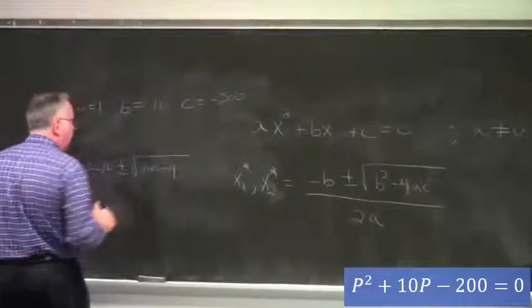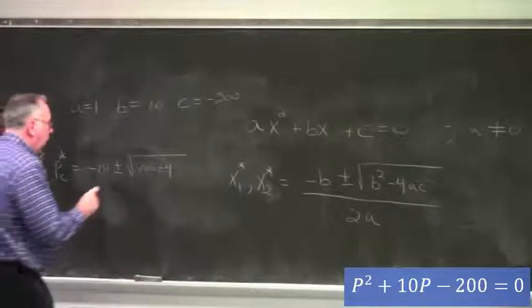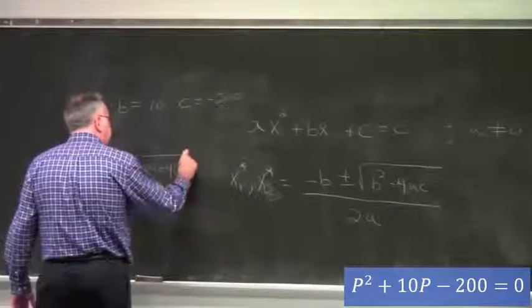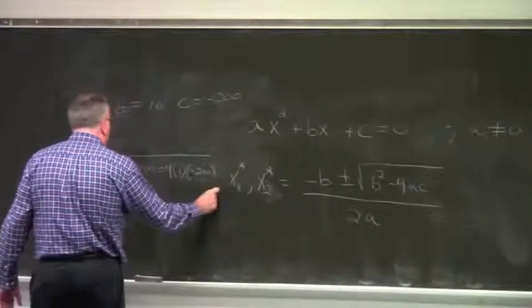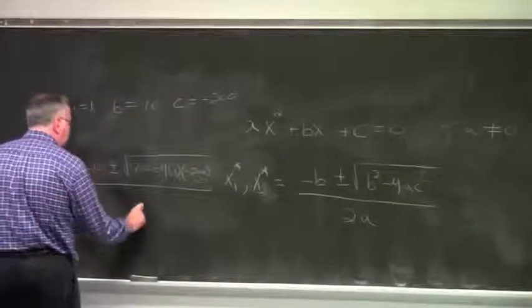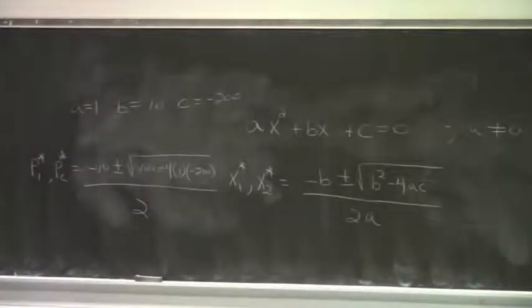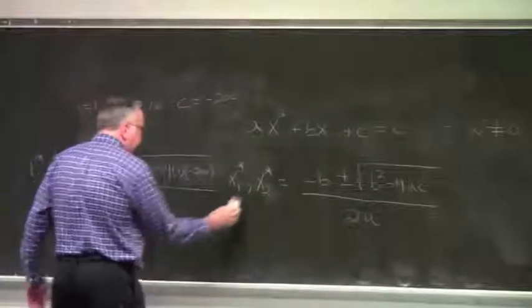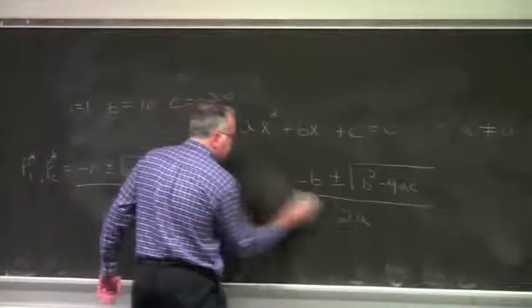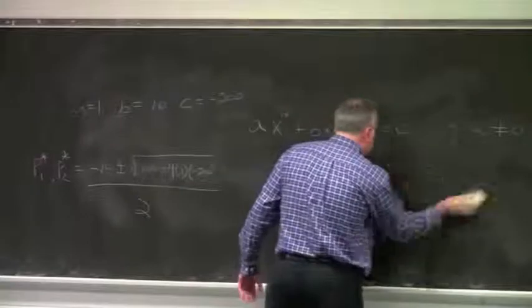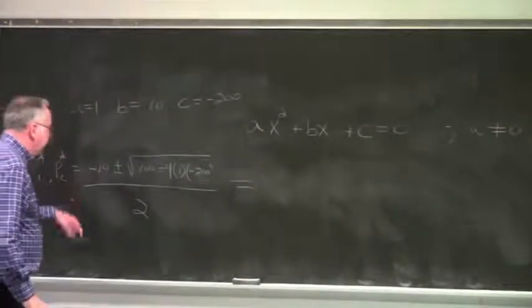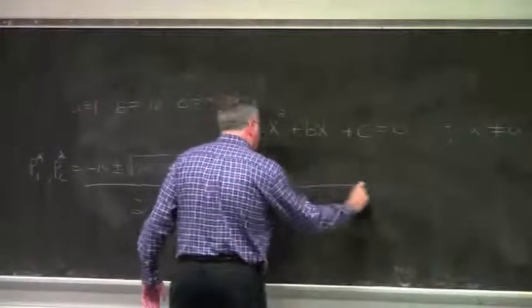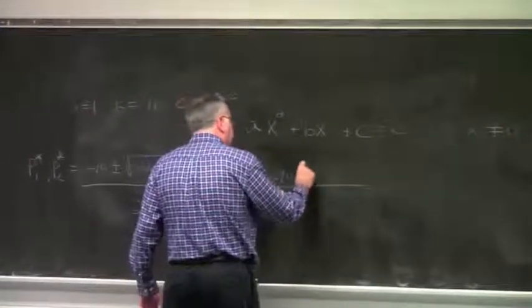Minus 4, a is equal to 1, c is equal to minus 200, all divided by 2. So, if we just continue this, notice what we get. We get minus 10 plus or minus.